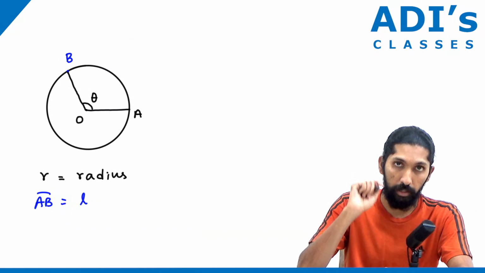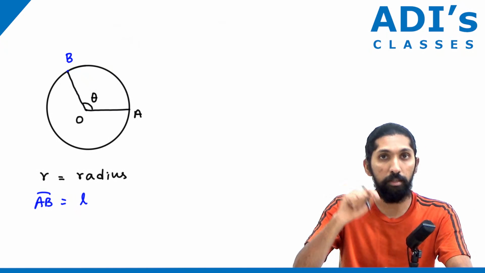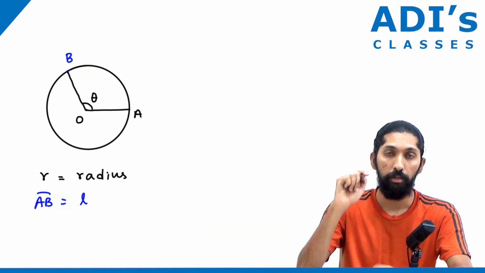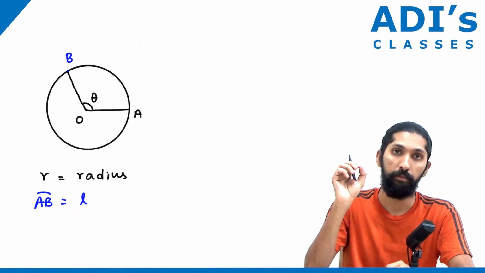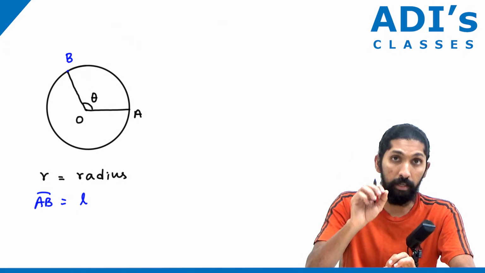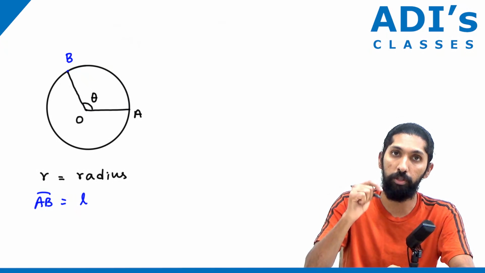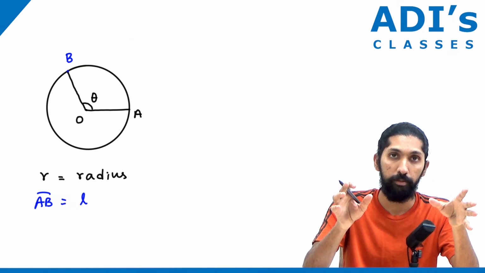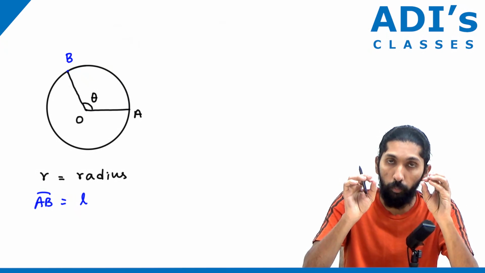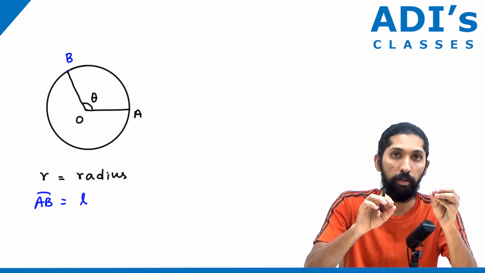But L is inversely proportional to R. Now, I want you to pause and think about it for a minute. I'm telling you that L, the arc length, is inversely proportional to R. You can pause and think about it for a moment. Now, why is L inversely proportional to R?